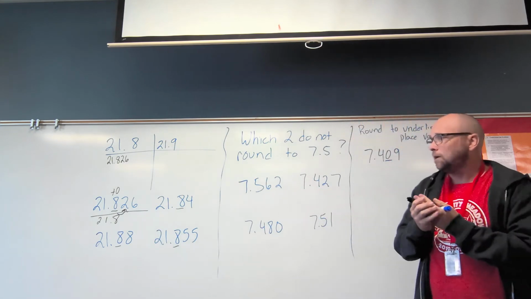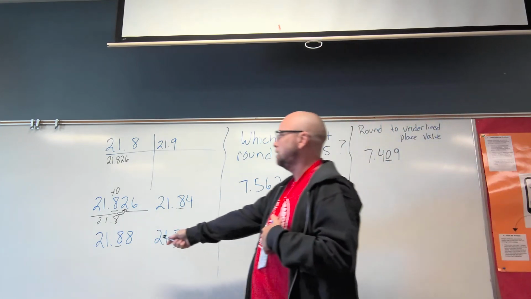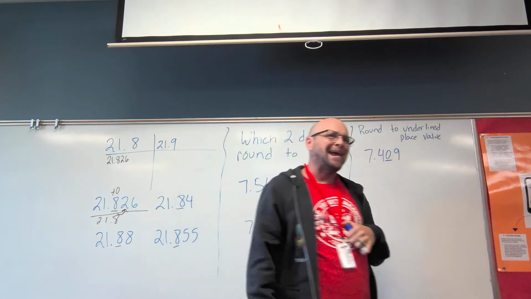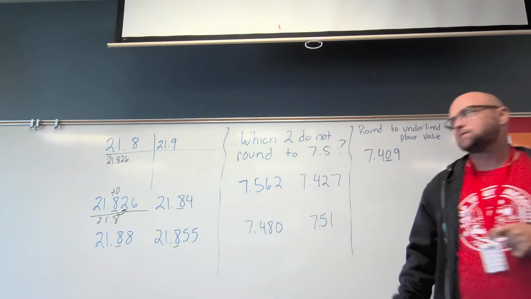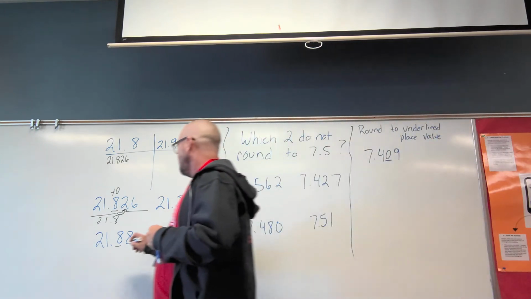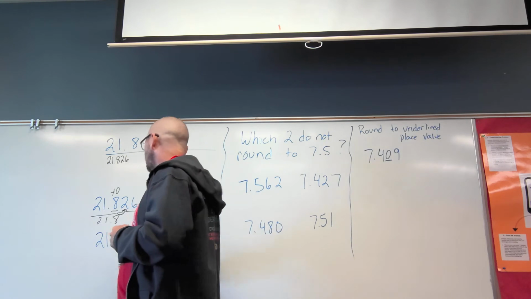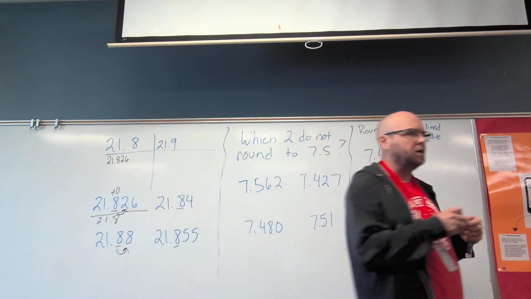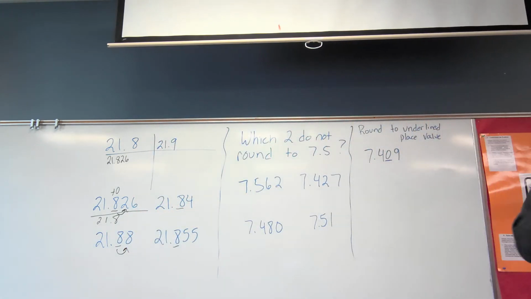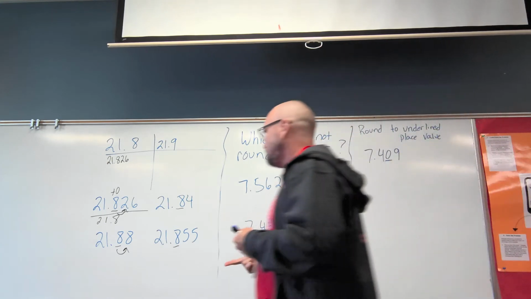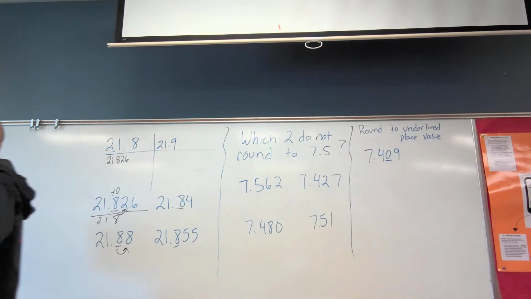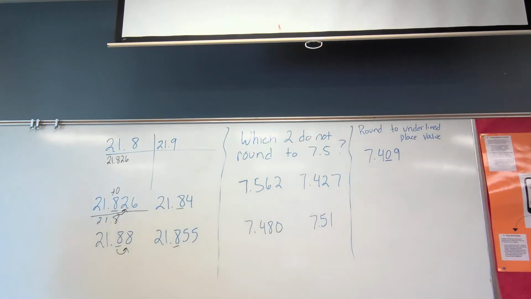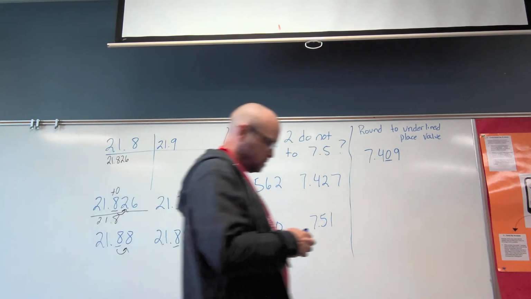All right, let's look at the next one here. We have 21 and 88 hundredths. We're rounding to our tenths, so we look back at the hundredths. We're either going to add 1 or we're going to add 0 to our tenths. And so, Mr. Park, what are we going to add, 1 or 0 to our tenths?